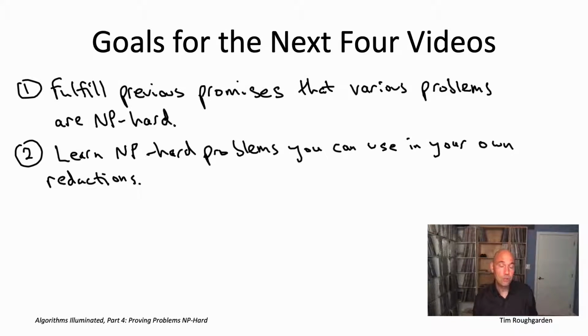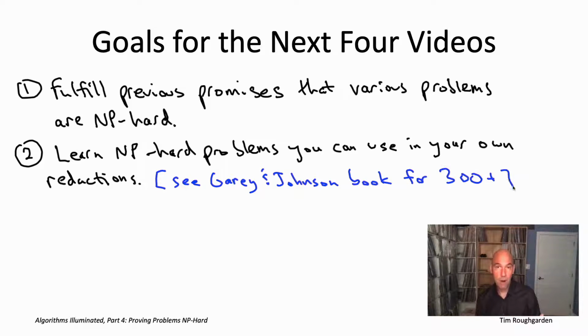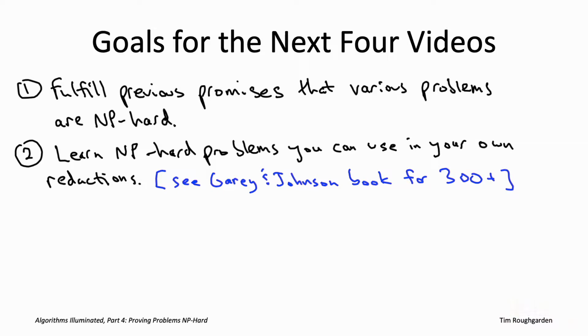So it's still early days, but already in 1979, there were hundreds of NP-hard problems known. And that book includes a compendium of over 300 NP-hard problems, which is a great place for brainstorming your own NP-hardness reductions. Indeed, it's very hard to think of any computer science books from 1979 that remain as useful as Garey and Johnson to this day.